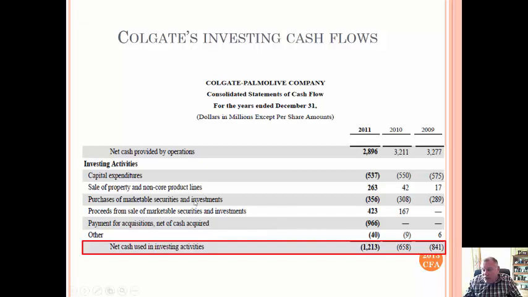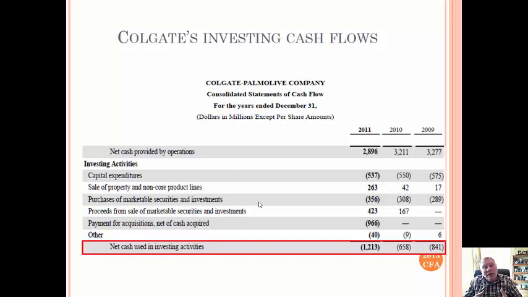Now in this case, what we could see here in the investing is purchases of marketable securities and investments, proceeds from sale of marketable securities and investments. So when we go to their balance sheet, we would have seen a net change. Now on the cash flow statement, under investing, you need to show purchases of marketable securities and sales.